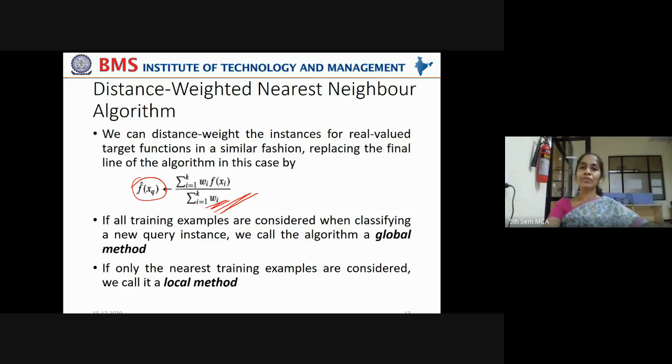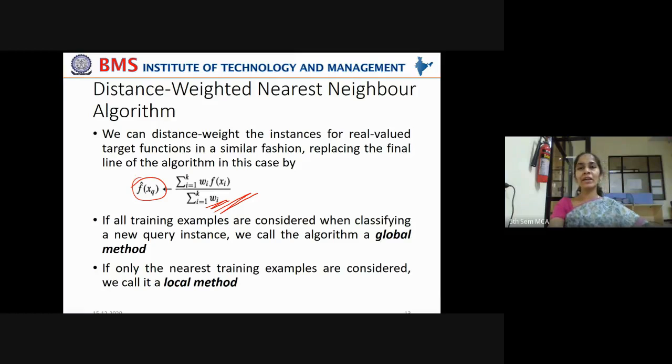That will give you the estimated value. This is done for a continuous valued target function. This is another way. Did you understand? The basic underlying k nearest neighbor algorithm is the same, but we are just modifying it so that it matches the classification problem as well as the regression problem. So you understood the beauty of it.